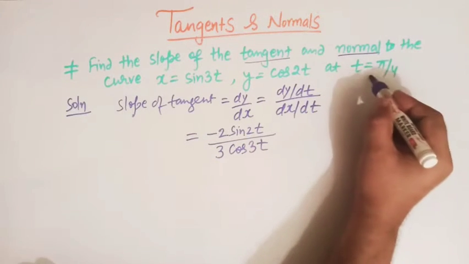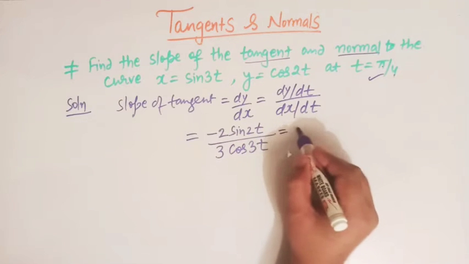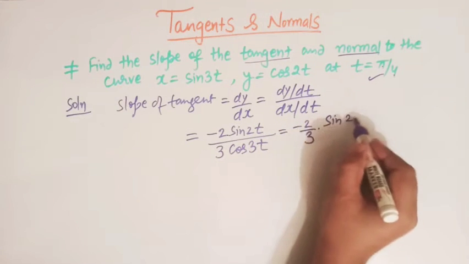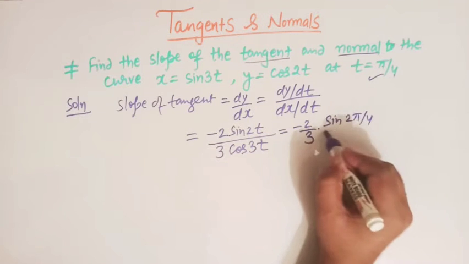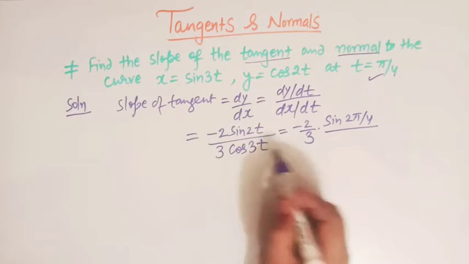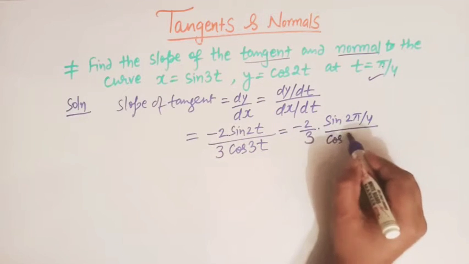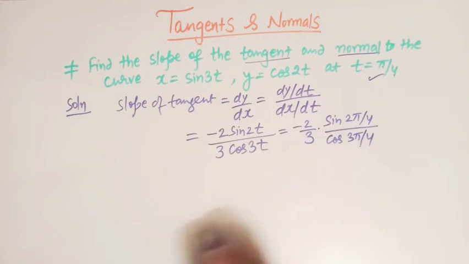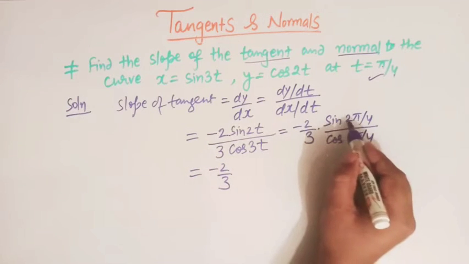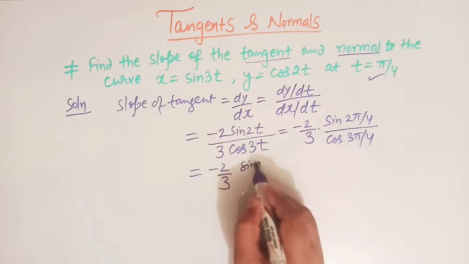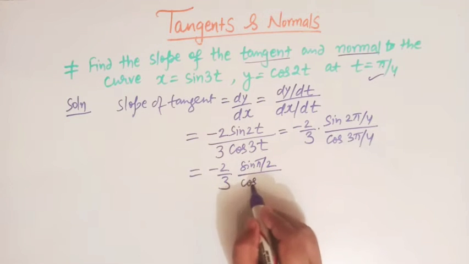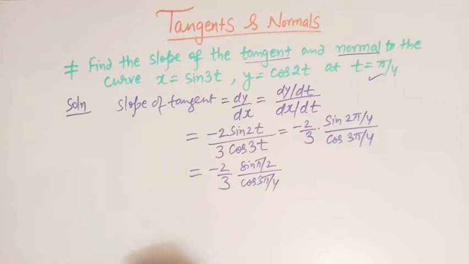So at t is equal to pi by 4, the slope is minus 2 by 3 sin 2 pi by 4, because we will substitute the value of t. Here we have cos 3 pi by 4. Now this is minus 2 by 3, this is sin pi by 2, and this is cos 3 pi by 4.